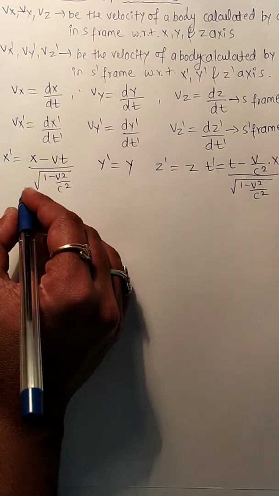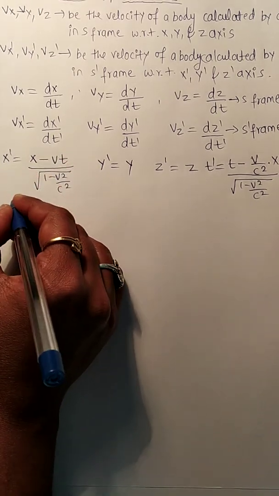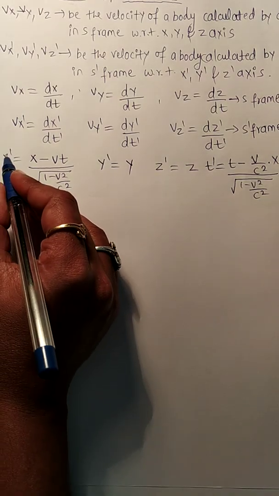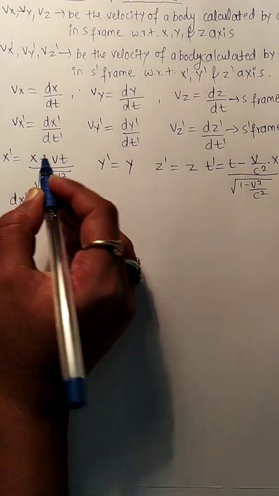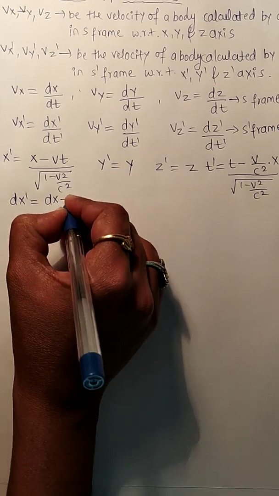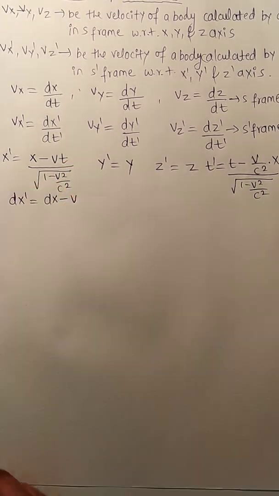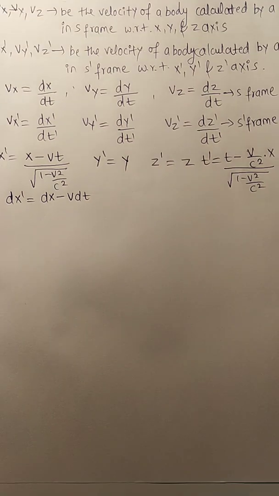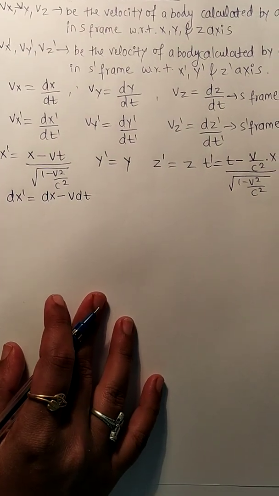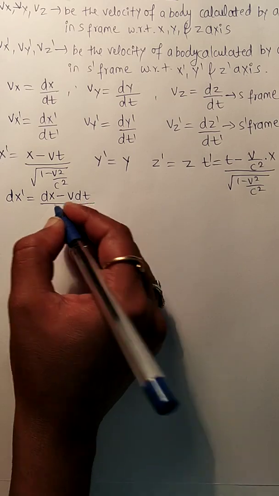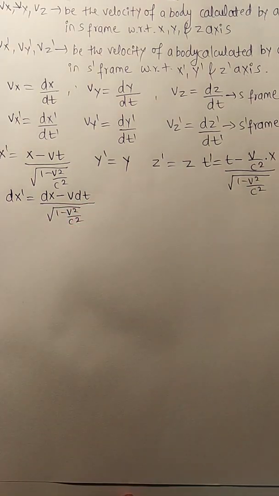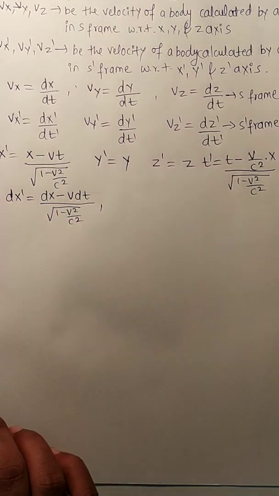So dx dash is equal to dx minus v, where v will be as it is because the moving frame has constant velocity, and time changes to dt, and the remaining term is divided by square root of 1 minus v square by c square.